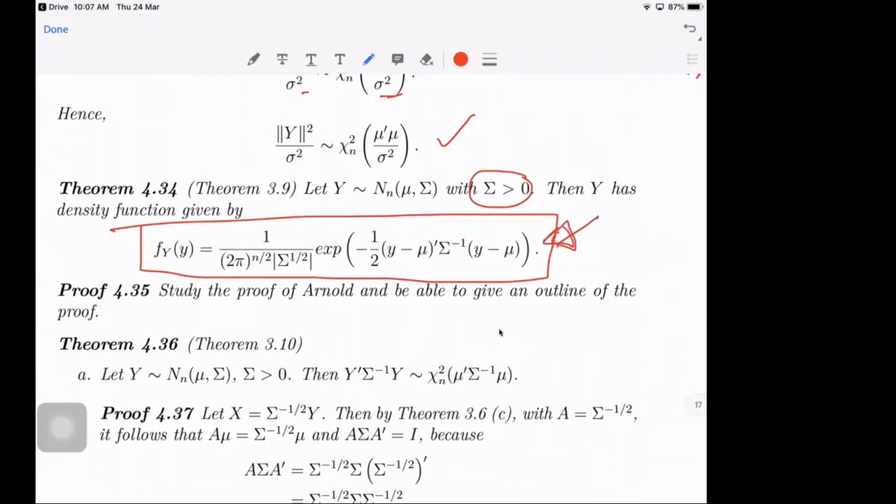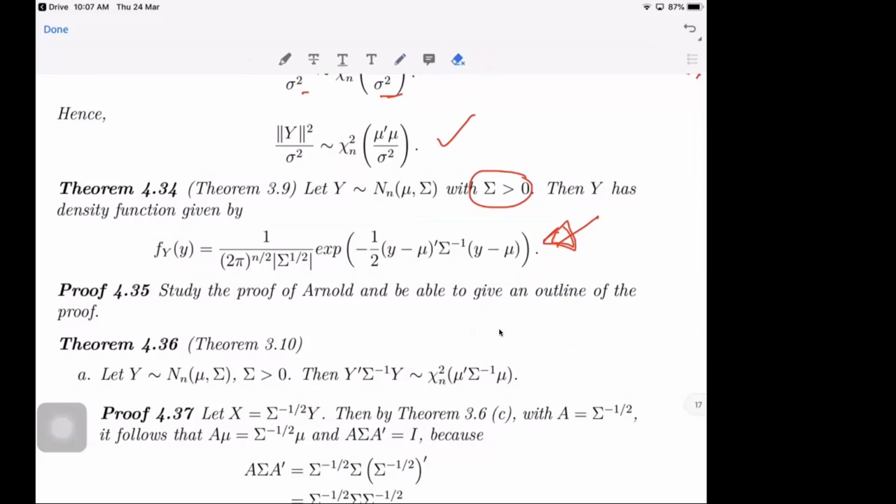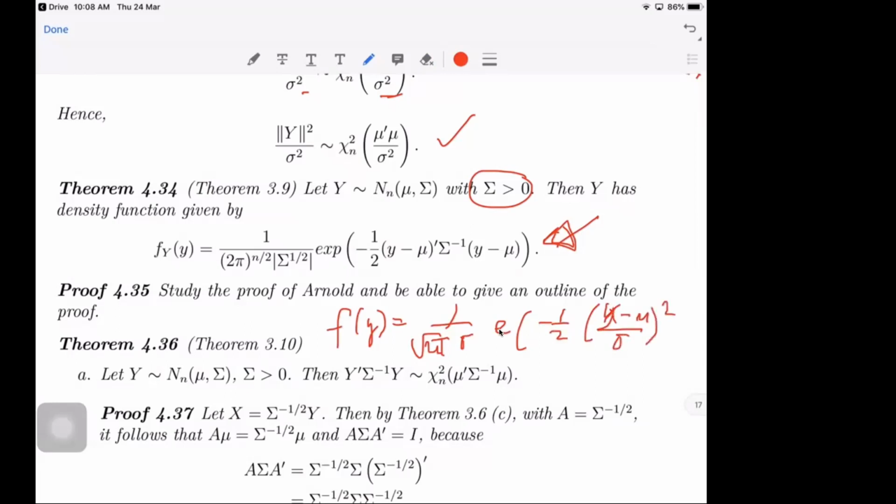Take note, this is the multivariate counterpart of our univariate. In the univariate, your density function is just equal to 1 over the square root of 2 pi sigma, then e to the negative 1/2 times y minus mu over sigma squared, right? Okay, that is the univariate counterpart.